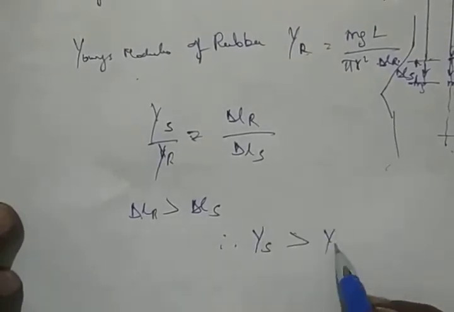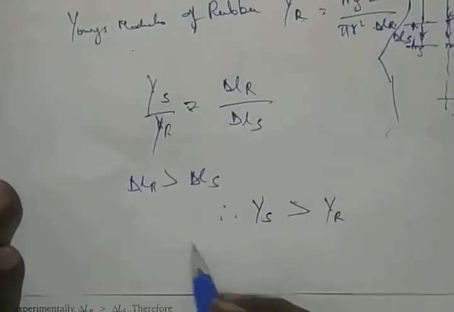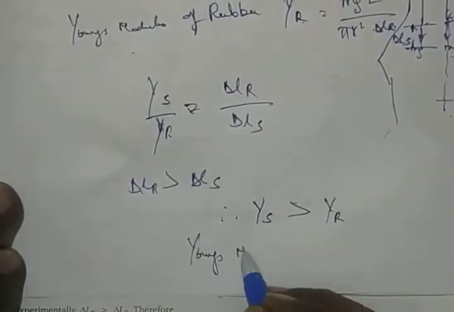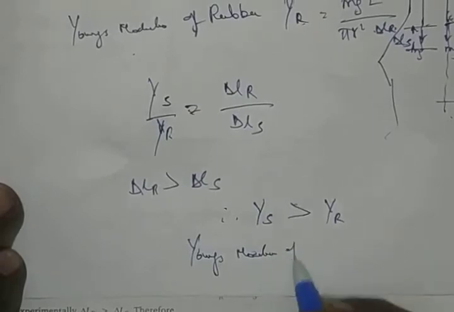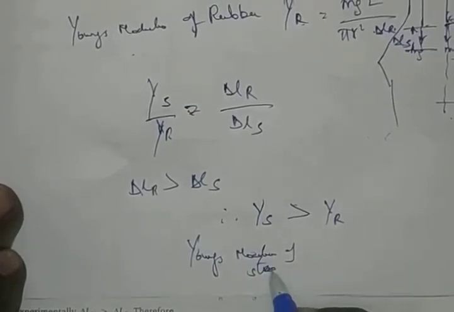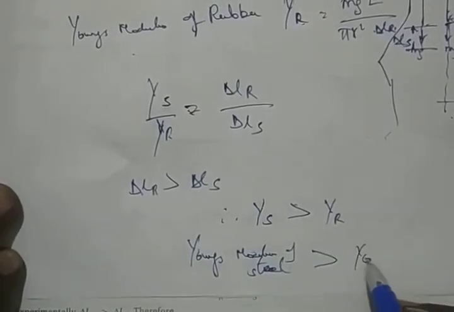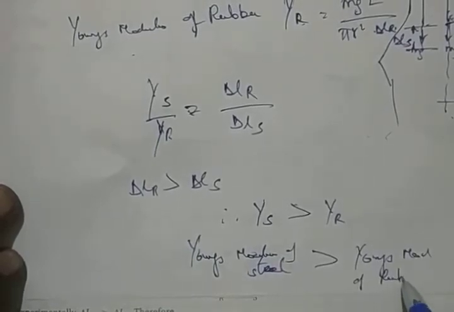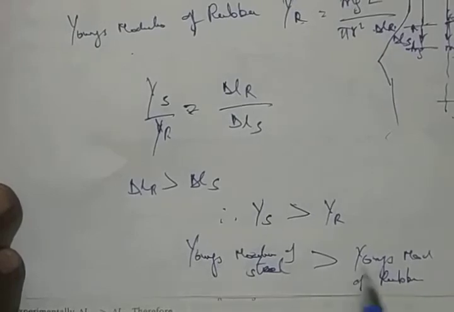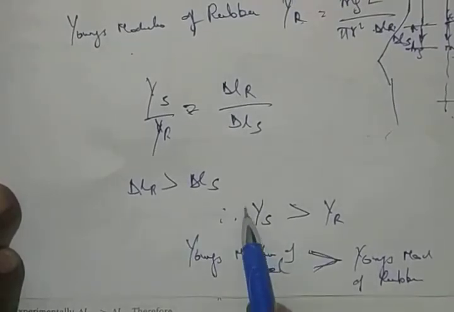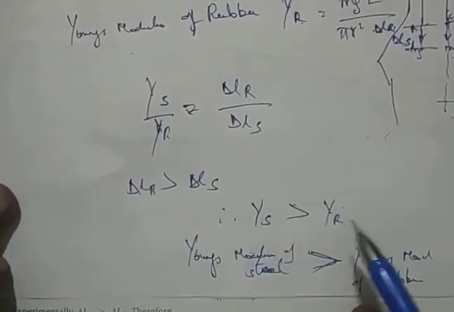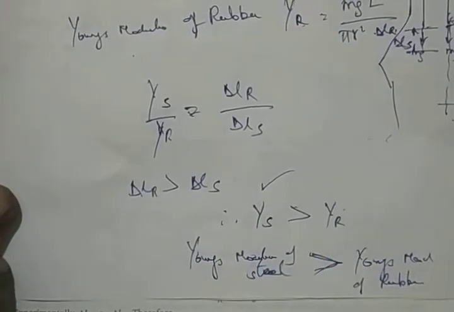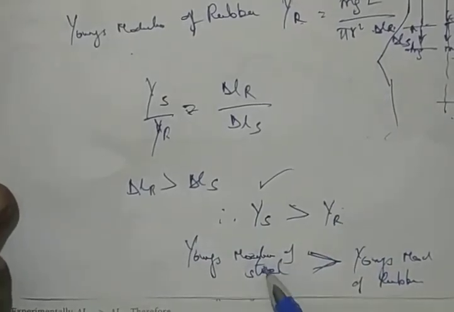Therefore, Young's modulus of steel is greater than Young's modulus of rubber. Now with this, if this is greater and this is less, which is more elastic? Steel is more elastic, because Young's modulus is greater.